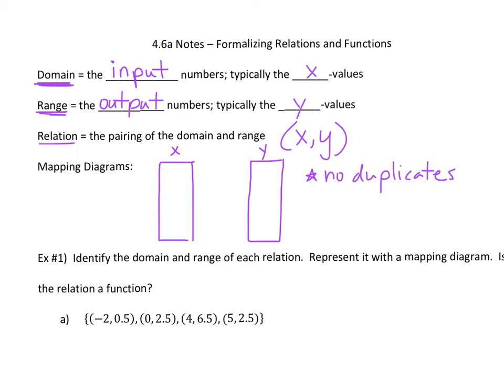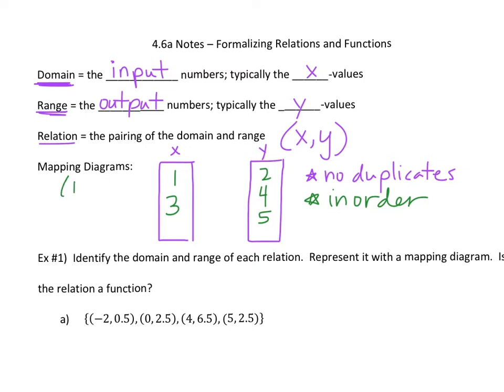Sorry, we'll leave that there. 1 and 3. So you cannot have any duplicates, and then we always put them in order, from least to greatest, like I did 1 and 3 there. So say 2, 4, and 5 are our y values. That would come if we had this set up.